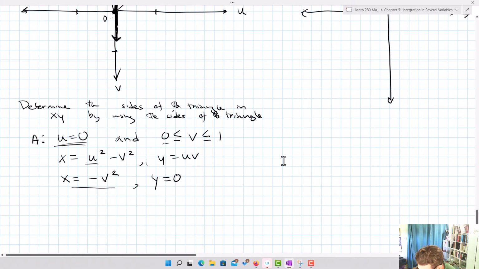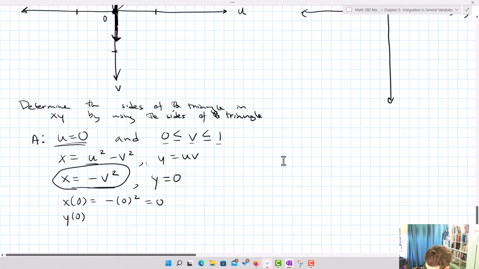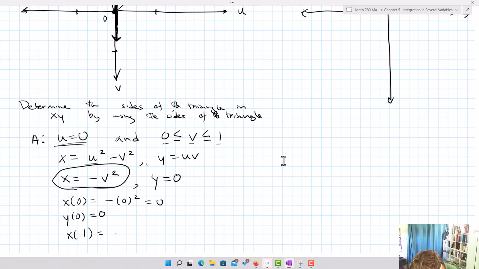Notice my V goes from 0 to 1. So X of 0 equals negative 0 squared, because this is my equation for X, which equals 0. So X of 0 goes to 0, and Y of 0 is just going to equal 0. And then X of 1 equals negative 1 squared, which equals negative 1.